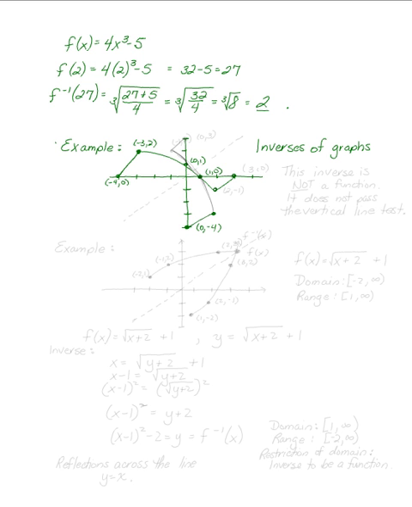And I also have a point here at 2, -1. So my inverse is going to have a point at -1, 2. And we connect through those points.